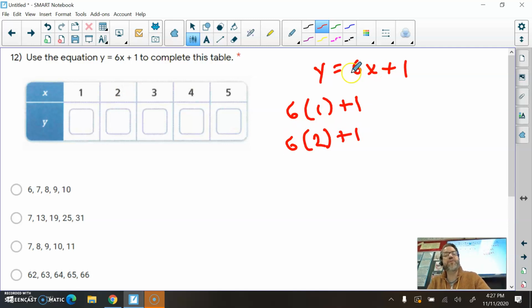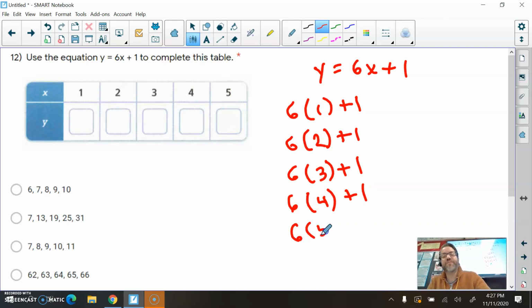When x is 3, we're going to have 6 times 3 plus 1. When x is 4, we have 6 times 4 plus 1. It's like we have a pattern. When x is 5, we have 6 times 5 plus 1. Well, what are these all going to equal? We need to evaluate each of these expressions now.